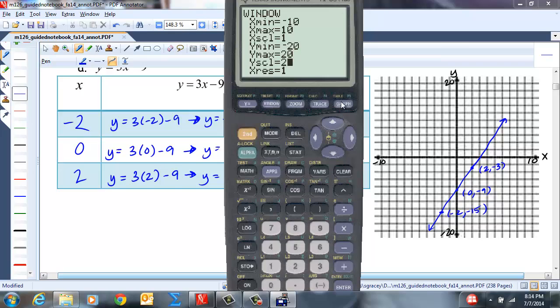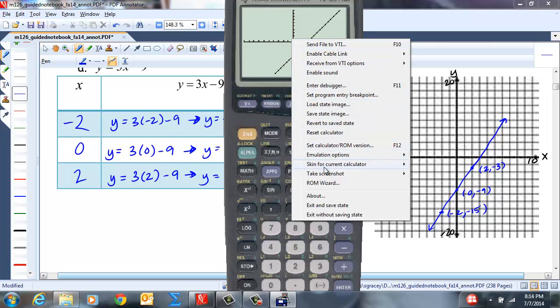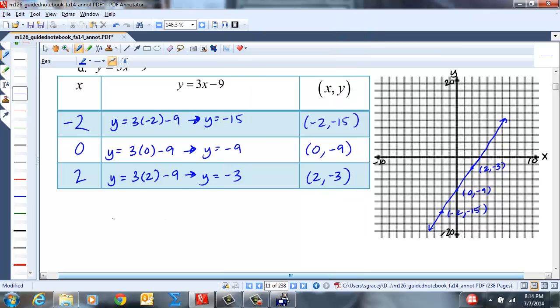So let's graph this and see what it looks like. We'll take a screenshot and paste our results.